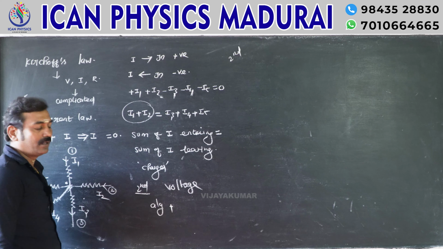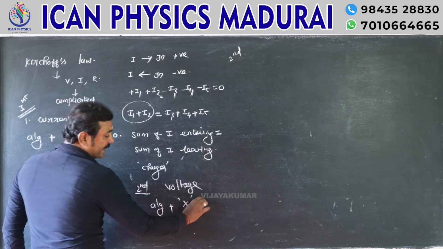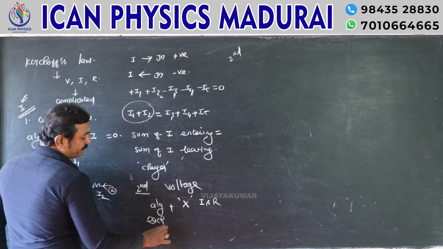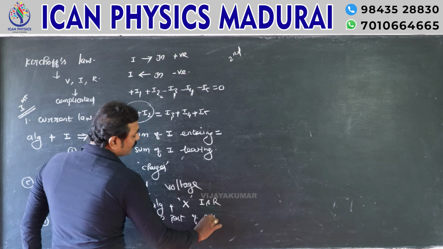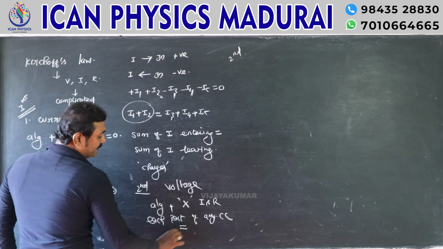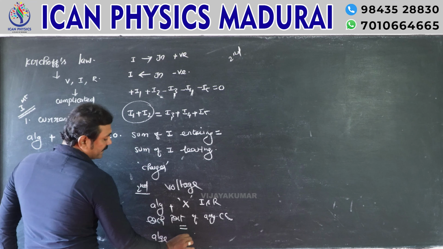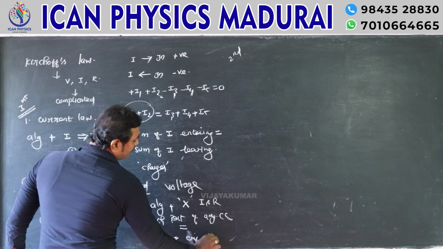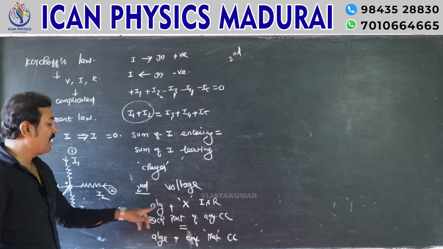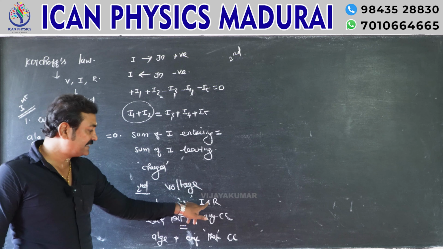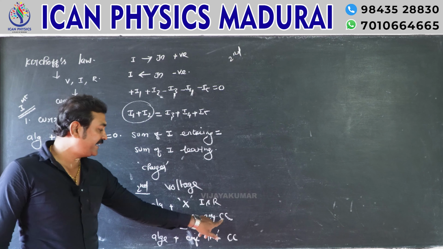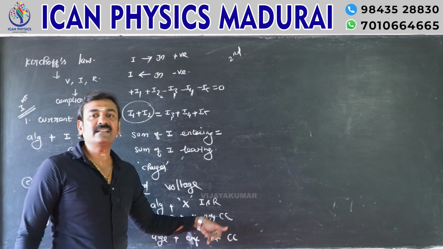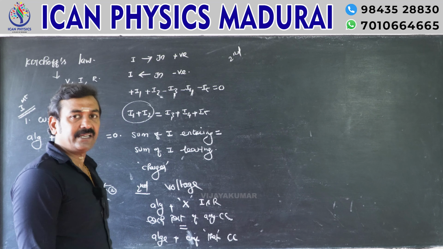The algebraic sum of the product of current and resistance in each part of any closed circuit is equal to the algebraic sum of EMF in that closed circuit. Do you get it now? Do you have any doubts?